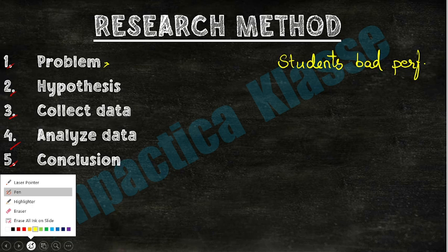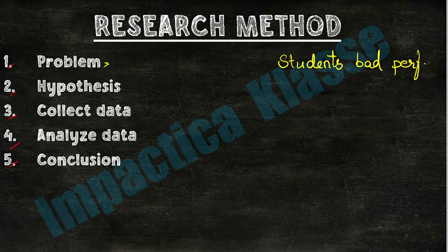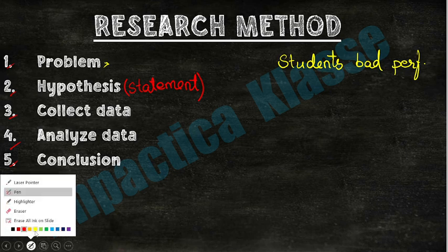Second, you have to make a hypothesis. What is a hypothesis? A hypothesis is a statement which the researcher makes before starting the research. This hypothesis gives the researcher a particular direction in which he can move forward.